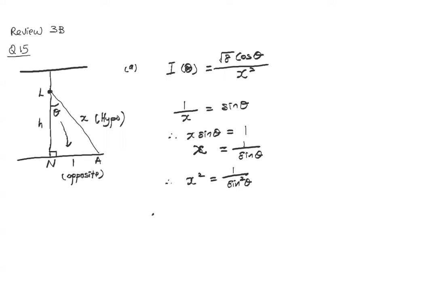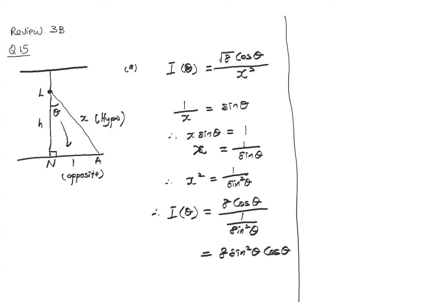So therefore, my I theta will be equal to 8 cos theta divided by 1 over sin square theta, so equal to 8 sin square theta cos theta. Done. Got it? So just substitute the x with theta using trigo ratio. Can or not?